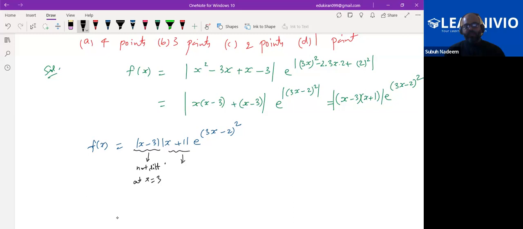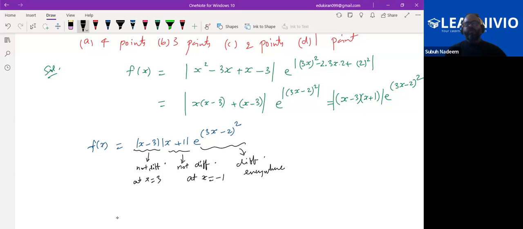And this one is not differentiable at x equal to minus 1. All others are differentiable at x equal to minus 1. This one is differentiable everywhere because there is no mod here. It is simply e to the power 3x minus 2 whole square.